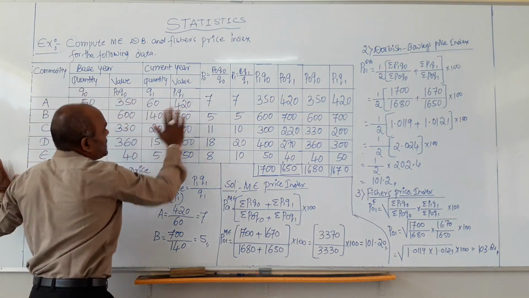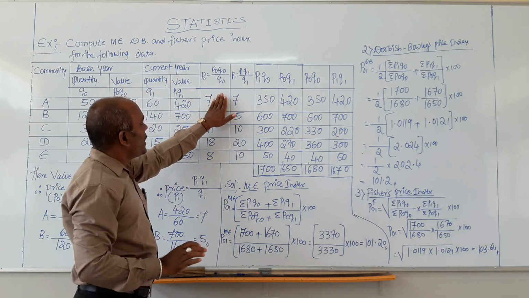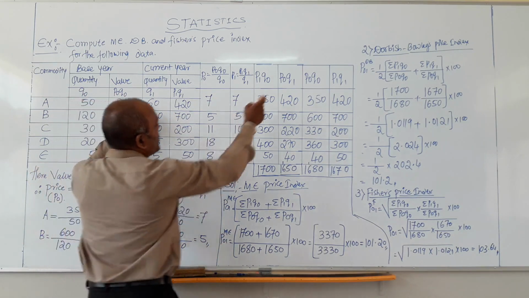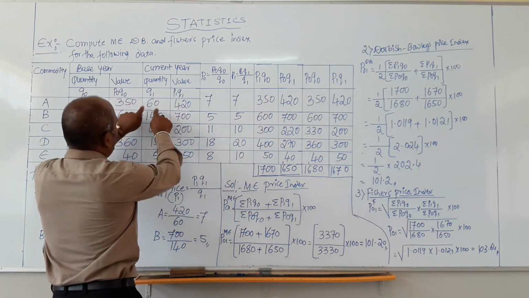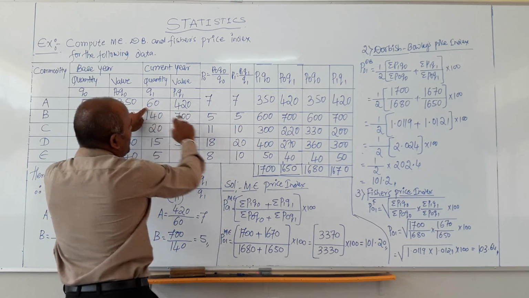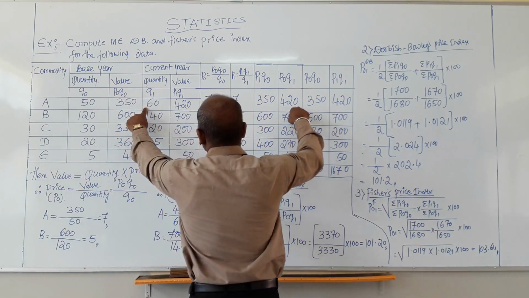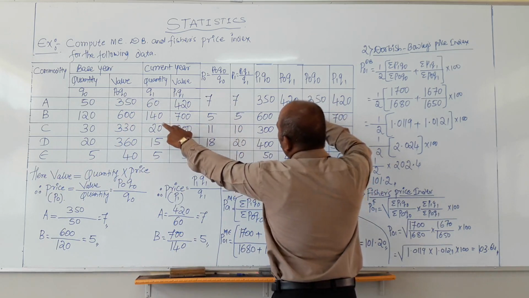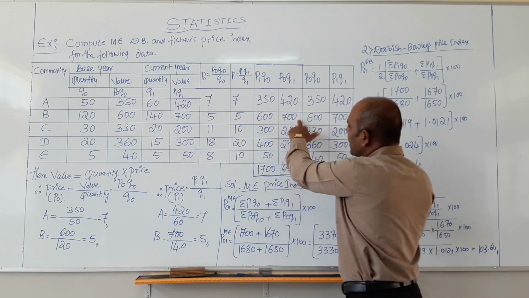based on these data we calculated here, P0. And we have the quantity in the current year. So P0 Q1, 7 into 60, 420. Then next, 5 into 140, 700.